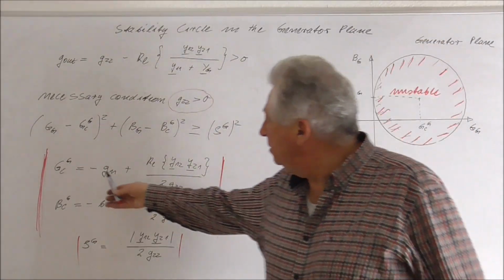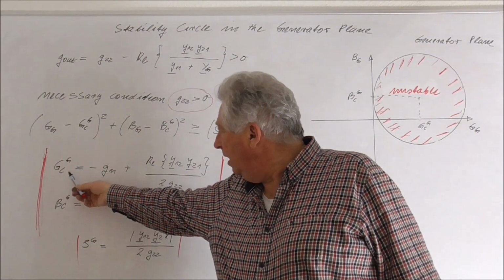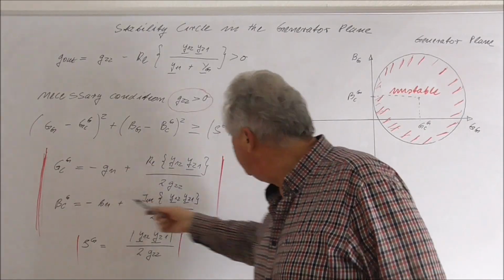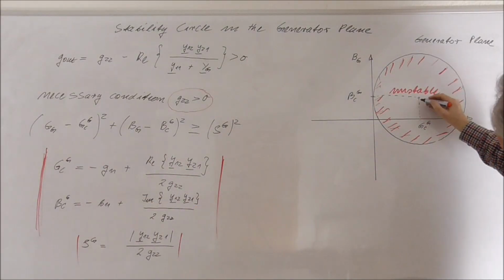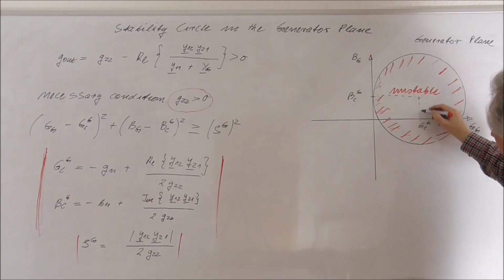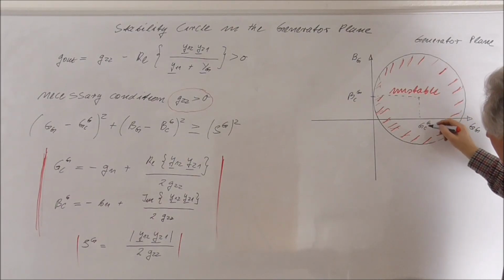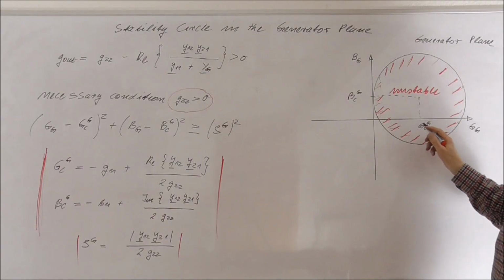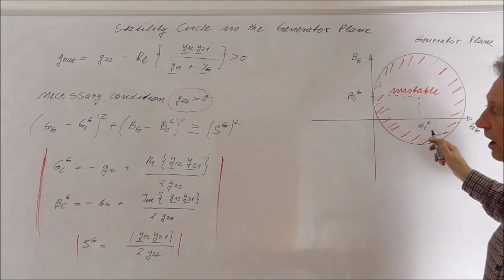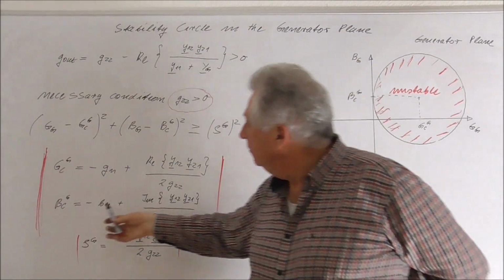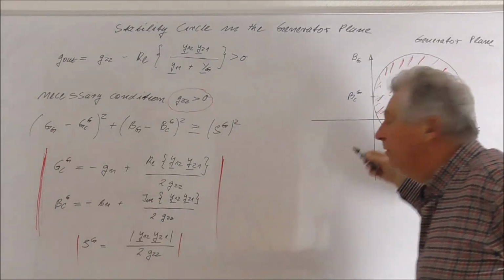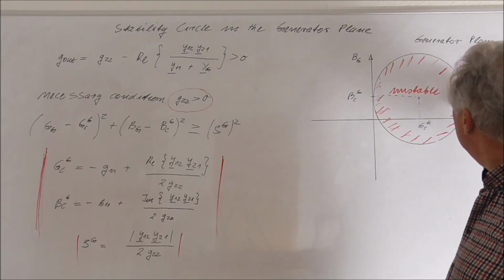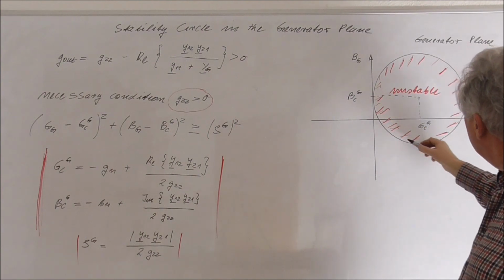So the center in the G-plane is given by this, which means this point is the center of the circle in the direction of the conductance, and here we have the center in the direction of the susceptance.